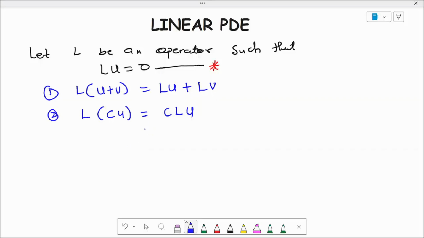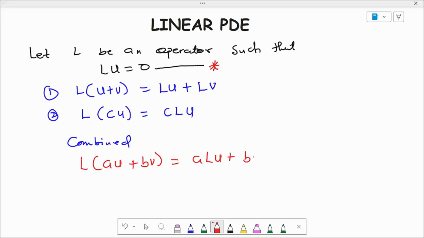But we can combine these two conditions into one, so that we will not be solving both of them separately. We can write the combined version as L(au plus bv) equal to aLu plus bLv. If you're able to show that the left hand side is equal to the right hand side, then we can conclude that this particular L is a linear operator.